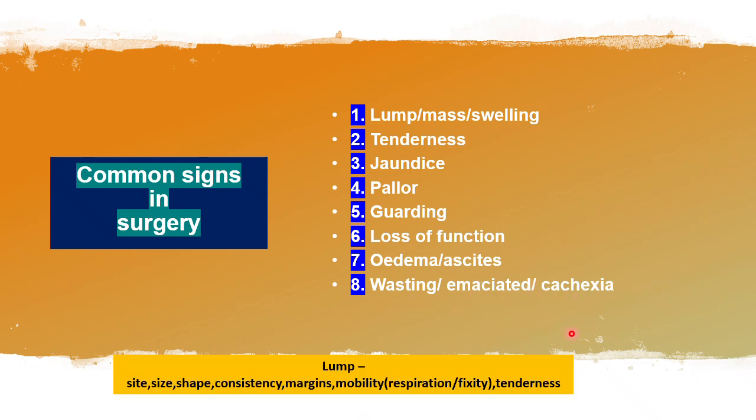And whenever you notice a lump or mass or a swelling, it is very, very important for you to locate and describe the site of the lump, size, shape, consistency, the margins, mobility with respiration or fixity, and tenderness. These are the important features; the most common sign is a lump, and you must be able to determine these features.